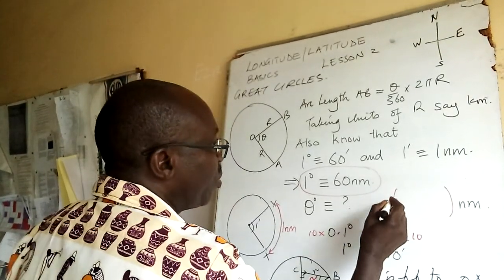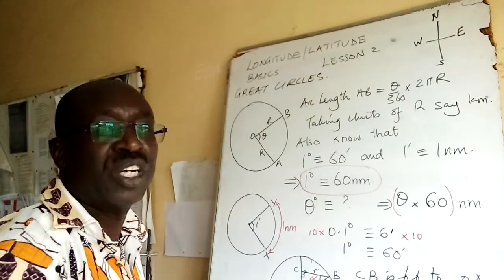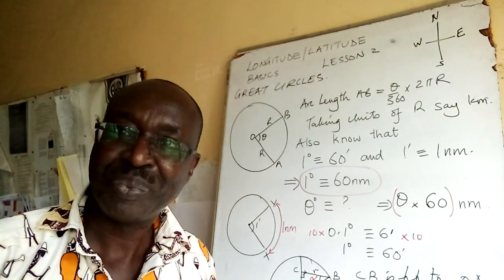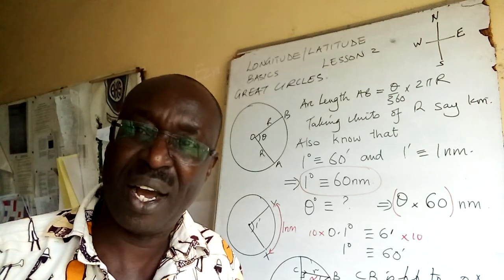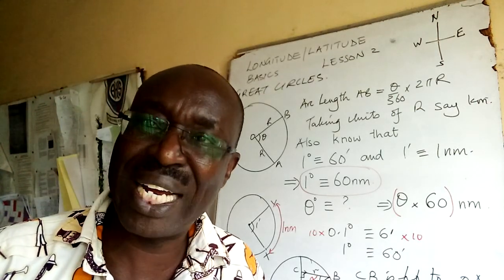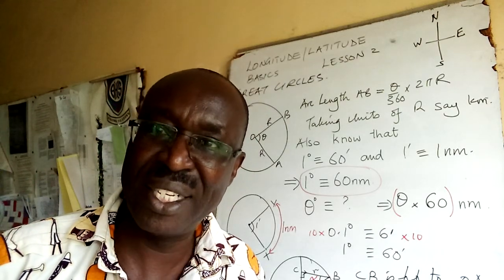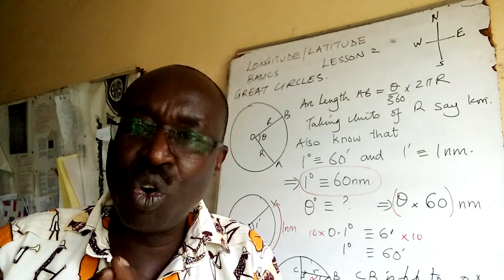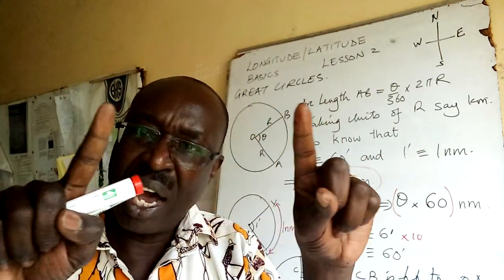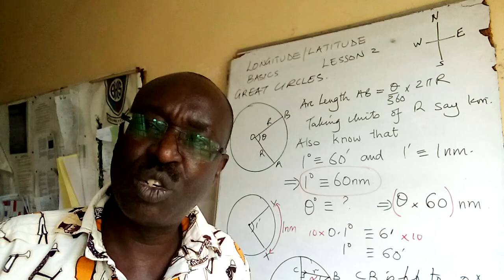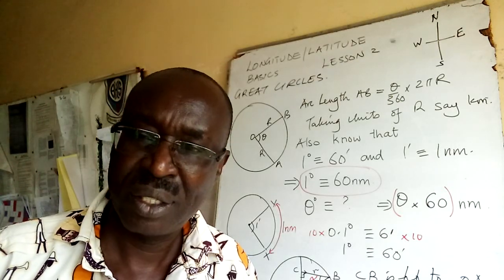It will be theta times 60 nautical miles. In other words, if the angle at the center of the great circle is 10 degrees, and I want to know the distance covered along the circumference, then it will be 10 times 60 nautical miles.